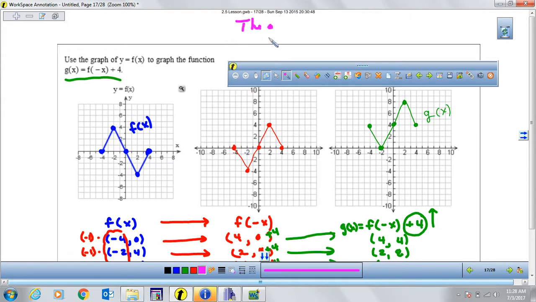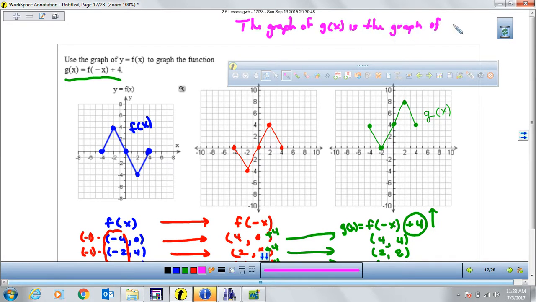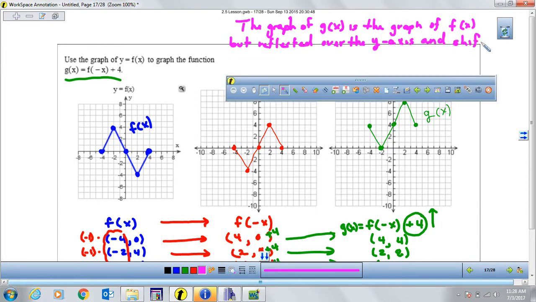The graph of g of x is the graph of f of x, but first of all, it was reflected over the y-axis, and then it was shifted 4 units up or upward. And these are the transformations in the order in which they actually happened.